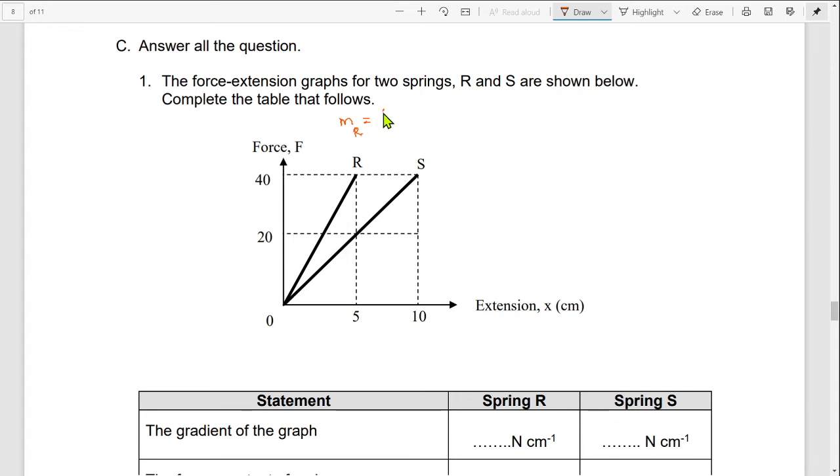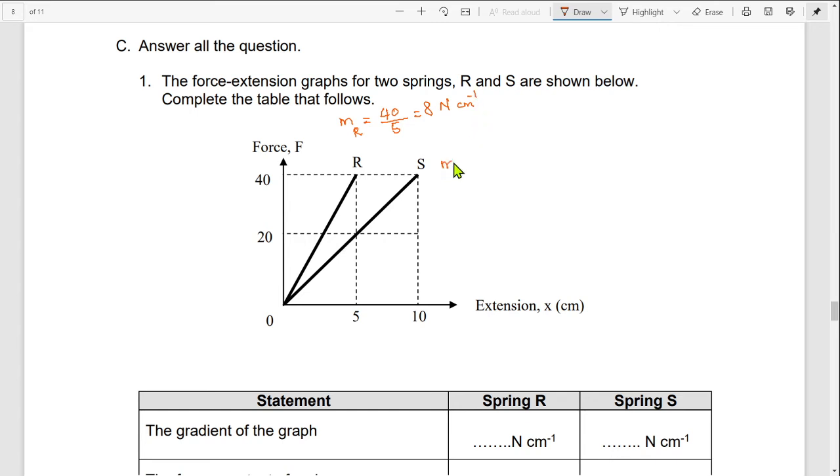So y I have 40 Newton, divided by my x is 5. So that will be 8. Okay, 8 Newton per centimeter.